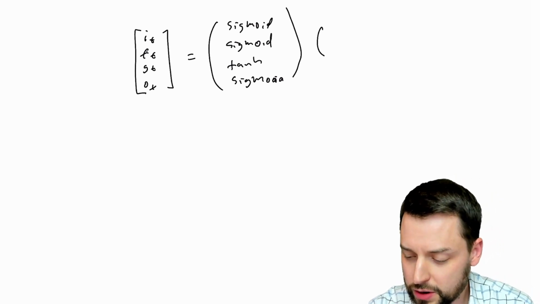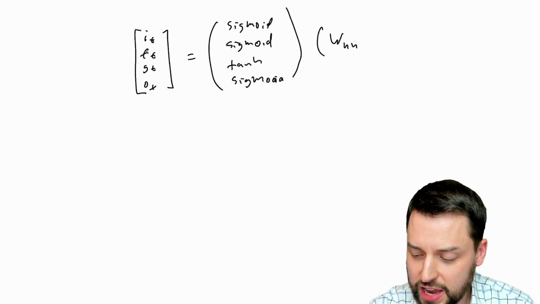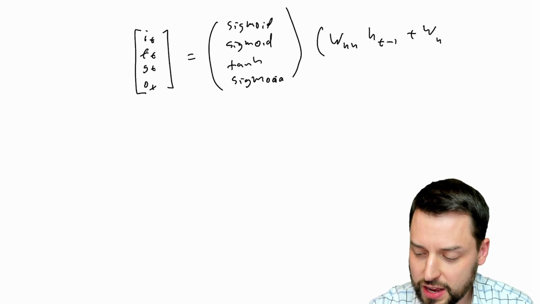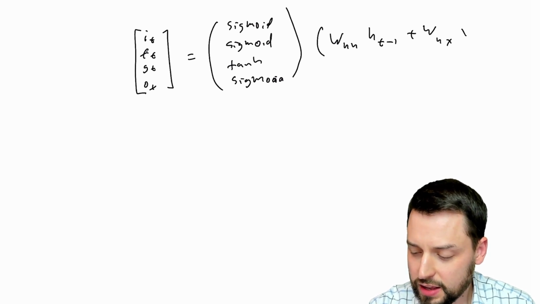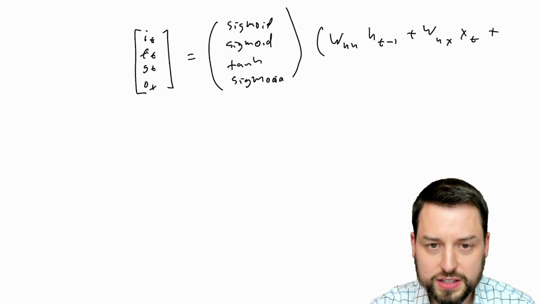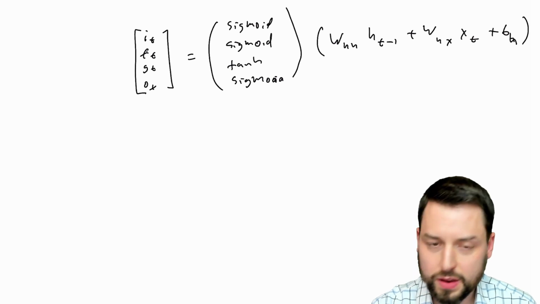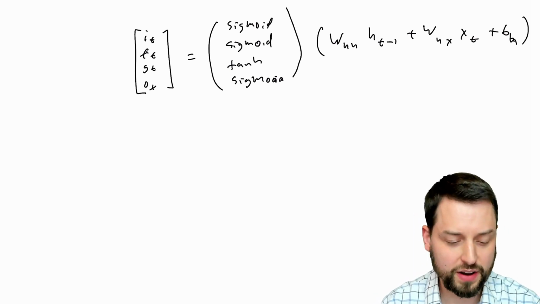We called it W_hh times h_{t-1} plus W_hx times x_t, plus a b_h term also. That was how we defined it.